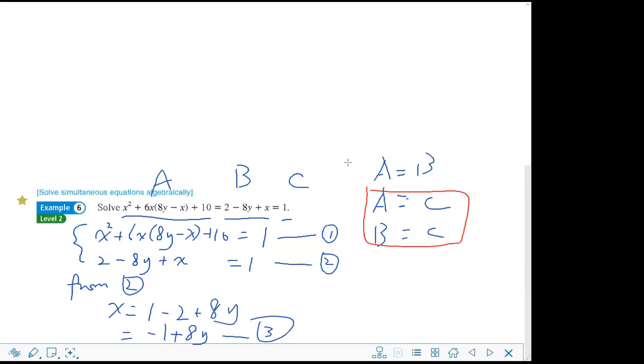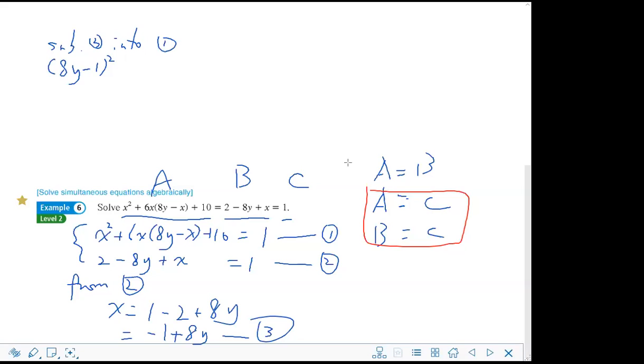Is it okay? And then we will substitute equation 3 into equation 1. But you should be very careful because there are so many x here, okay? So x squared becomes 8y minus 1, because negative 1 plus 8y is 8y minus 1, okay?